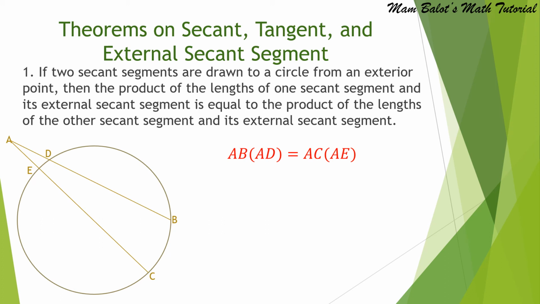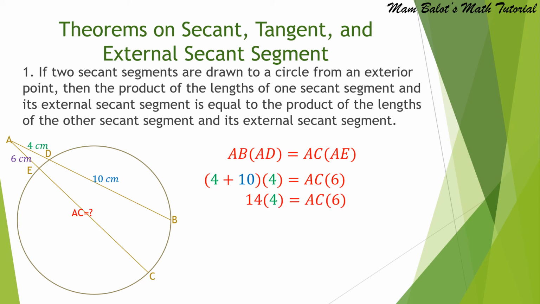So given the measures now, DB is equal to 10 centimeters, AD is 4 centimeters, AE is 6 centimeters. What is now the measure of AC? So substituting to the equation from the theorem, we have now AB is 4 plus 10, which is the whole secant segment, times 4, which is the measure of AD, is equal to AC times 6, which is the measure of AE.